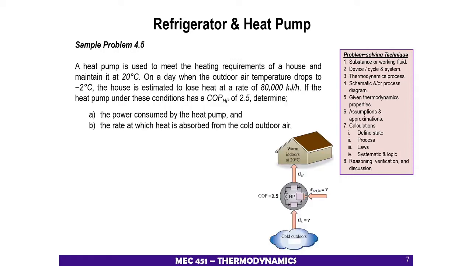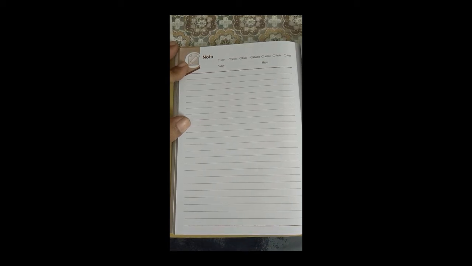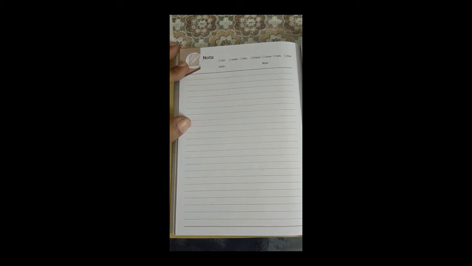Sample problem 4.5. A heat pump is used to meet the heating requirement of a house and maintain it at 20 degrees Celsius. On a day when the outdoor air temperature drops to -2 degrees Celsius, the house is estimated to lose heat at a rate of 80,000 kilojoule per hour.